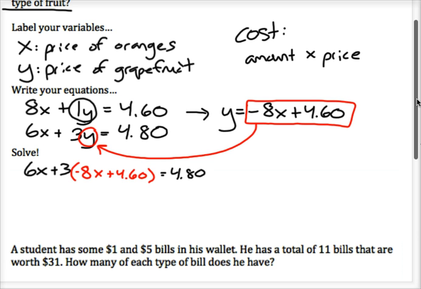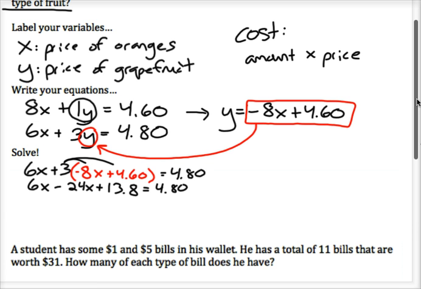All right, so next thing that I need to do is I'm going to distribute that 3. I'm going to solve this linear equation. So 6x minus 24x plus 13.8 equals 4.8.